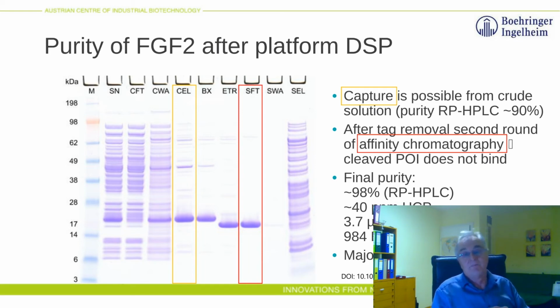The major host cell protein which has co-eluted is DnaK, and maybe it interacted with the metal chelate affinity chromatography. I'm sure we could further reduce the endotoxins, but we did not do the second subtractive affinity chromatography with endotoxin-free water and so on, what you would do in case of pharma production.